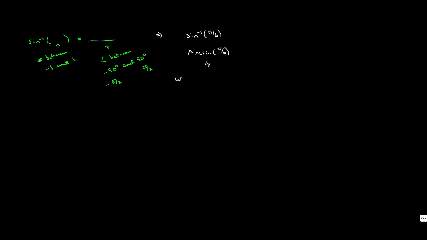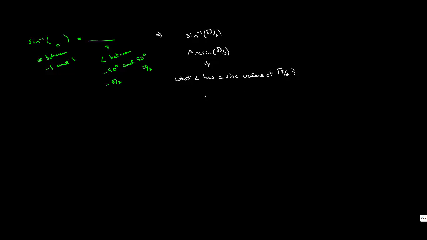They say what angle, excuse me, I just goofed that up. I said that wrong. Let's do square root of 3 over 2, just so it's a little bit different. So what these say is, what angle has a sine value of square root of 3 over 2?